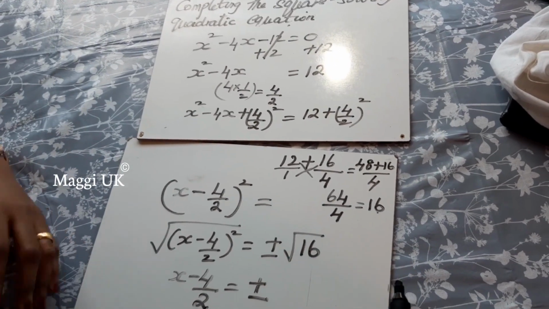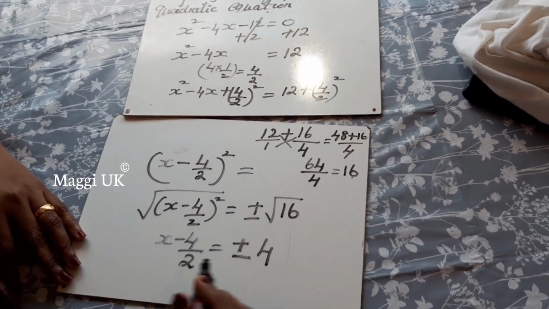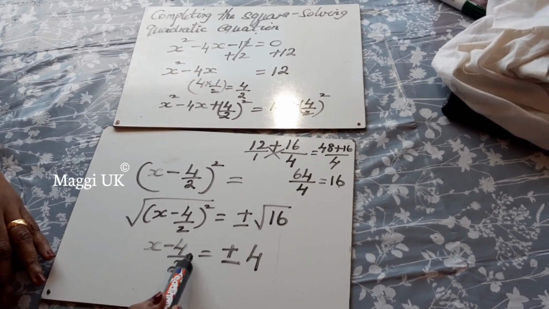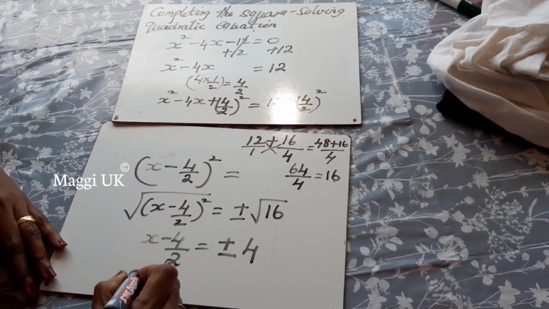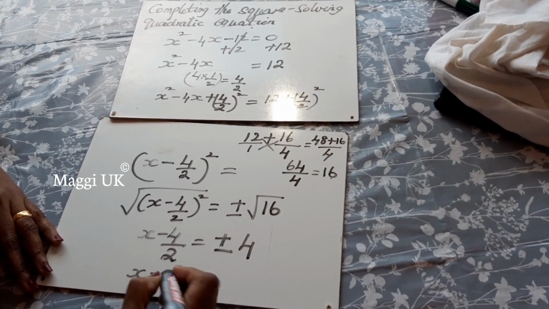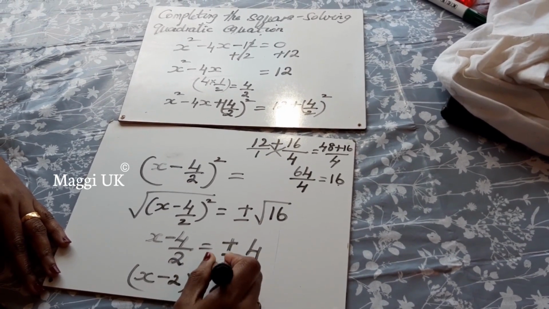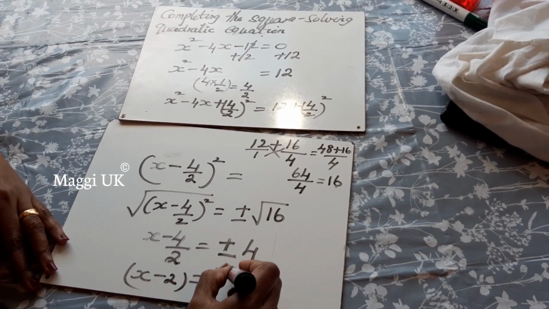What is the square root of 16? It is 4. Now we can simplify this one as well, because 4 divided by 2 gives you 2. So x minus 2, equal to plus or minus 4.